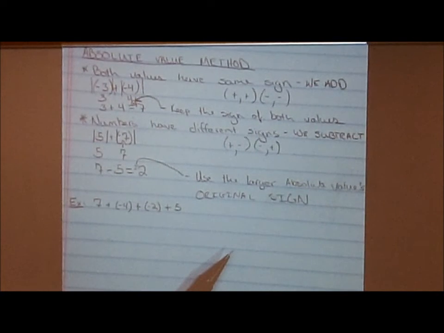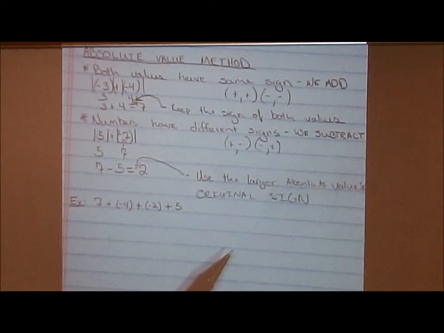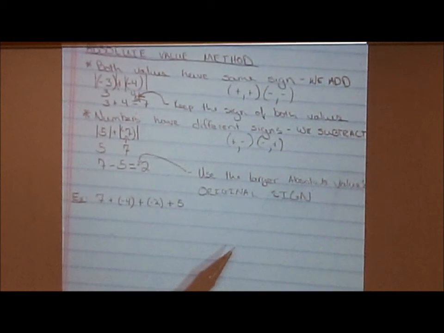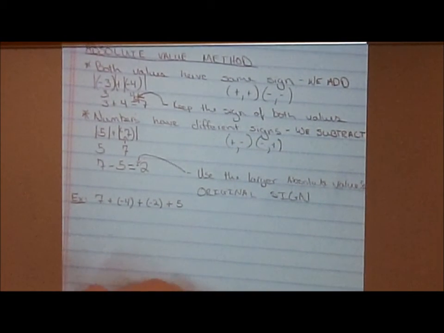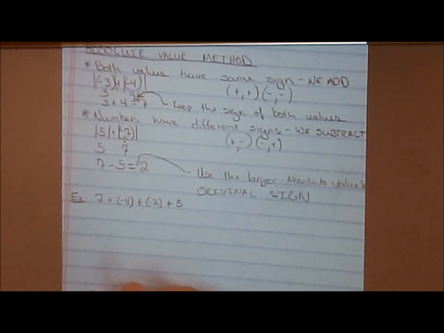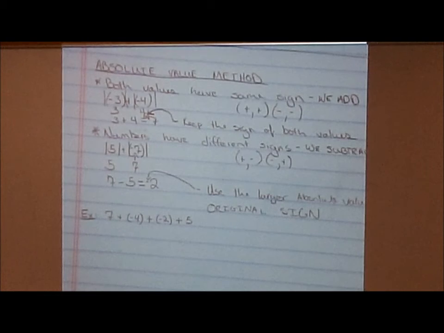When we had a regular problem, 3 plus 6 minus 2, did we add them all at once? How do we do it? You go left to right. 3 plus 6 first, right? So how many values do we do at a time? 2.